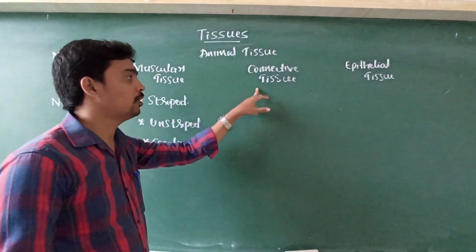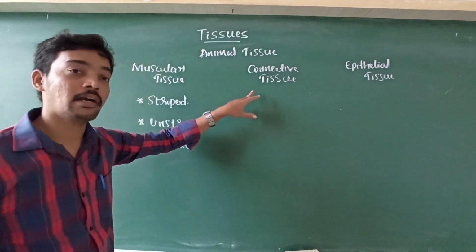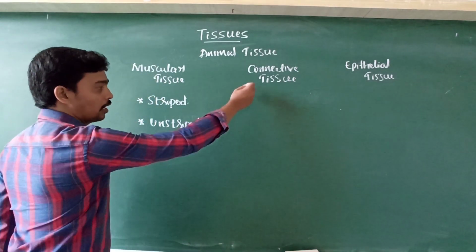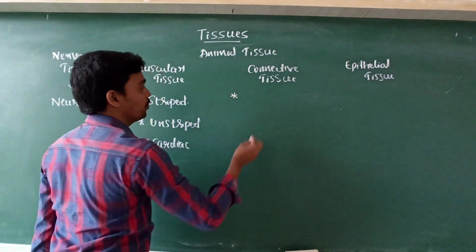Next, connective tissue. Connective tissue is so called because it connects different tissues, so they are connective in nature. Again, connective tissue is classified into three types.